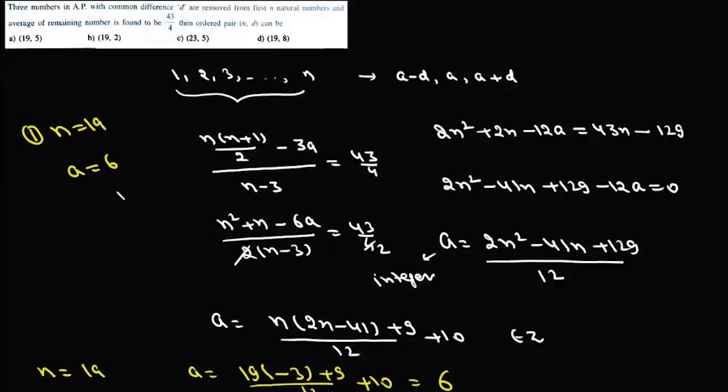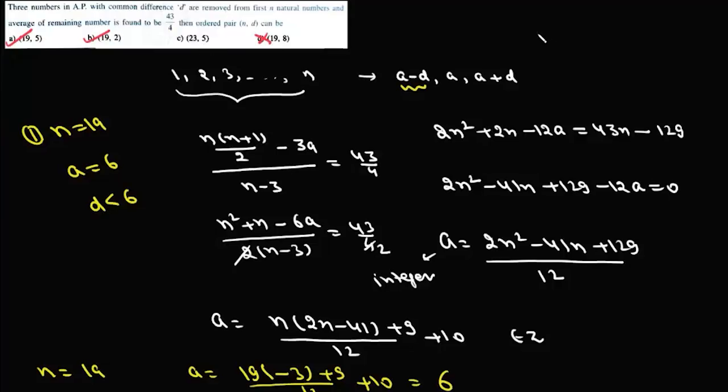So one of the solutions is when the value of n is 19, and when n is 19, the value of a is 6. Now since we have a minus d, that means the value of d should be less than 6. So for 19, we can choose any value of d which is less than 6. So one of the options is (19, 5), another option is (19, 2). We cannot choose (19, 8). Now what if n is 23?